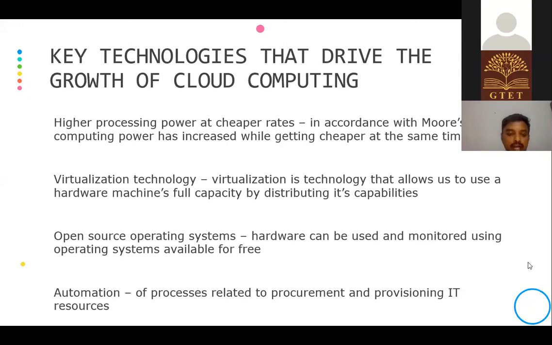It will identify the hardware that is available. It will identify the network which is connected to the hardware, and it will connect your applications to that hardware automatically, without involving any person in between, right? So this is very powerful, which actually helps the elasticity characteristic of cloud computing.